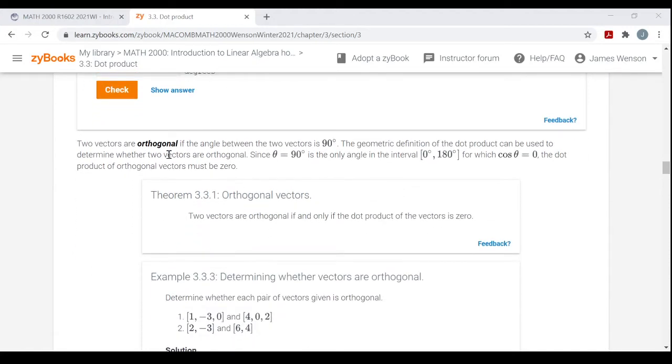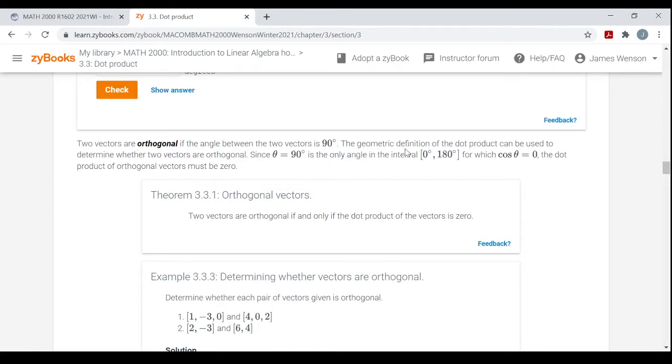Now I just mentioned this word, two vectors are orthogonal. Very important word. In fact, later in chapter 9 of the book, you're probably going to get sick of hearing the word orthogonal. But two vectors are orthogonal if the angle between the two vectors is 90 degrees.